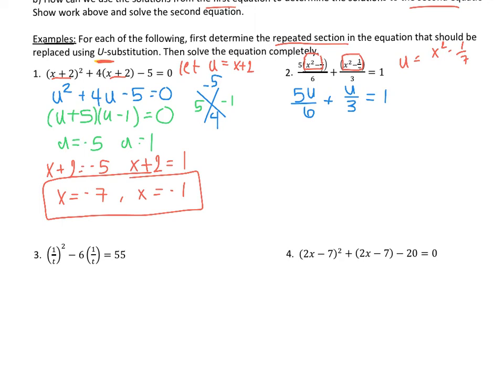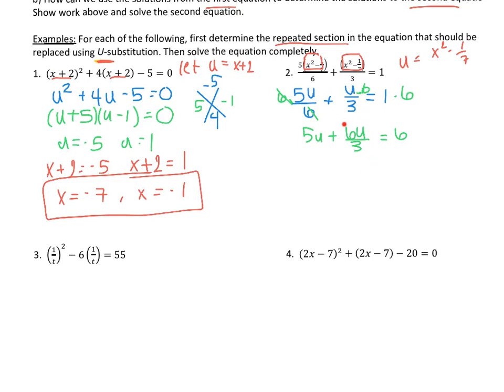So here I've got a couple of fractions. We will use that fraction buster method here. I'm going to multiply everything by 6 to get rid of that first fraction. So in doing so, I've eliminated the first fraction, but I need to multiply everything by 6. So this one cancels. That was my intention. And I have 5u + 6 times u over 3 equals 6.